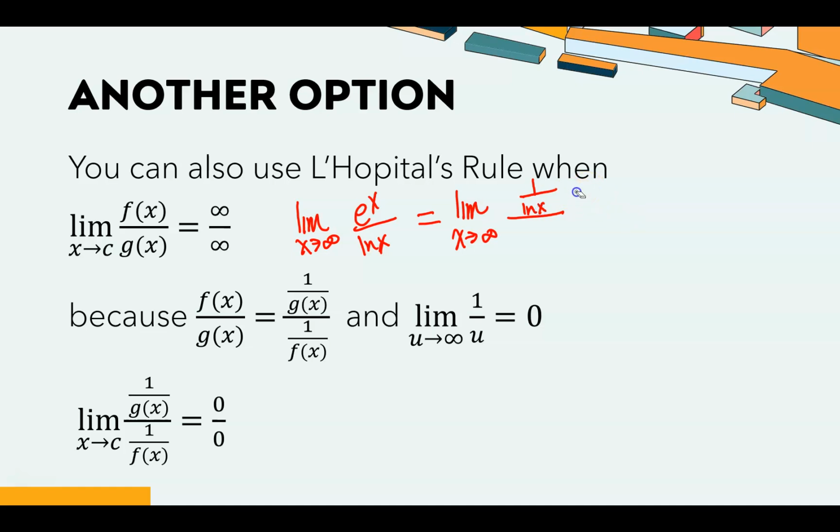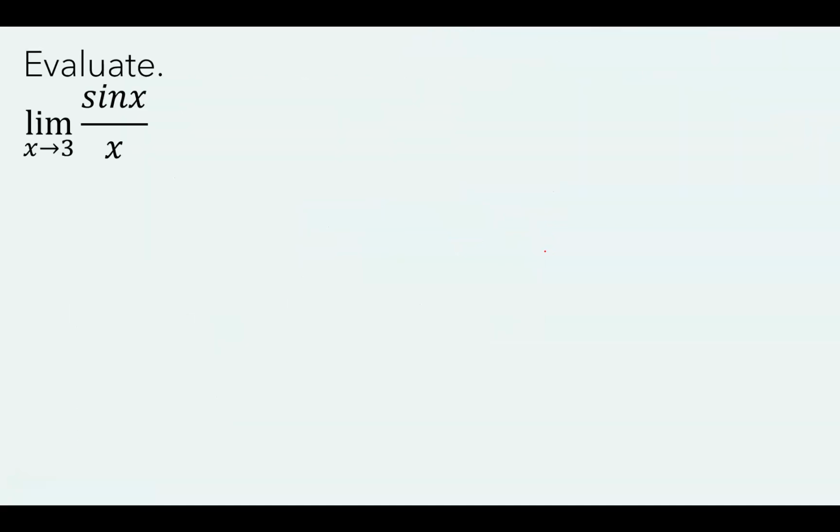Because if natural log grows without bound, 1 over natural log shrinks down to 0, and likewise 1 over e to the x. So we actually don't need to rearrange, but you need to understand that the algebra works out, so we can just use L'Hopital's rule when it's an infinity over infinity situation. A lot of times that's the more common one. We can use L'Hopital's rule to compare relative rates of change. Okay, so let's do some examples.